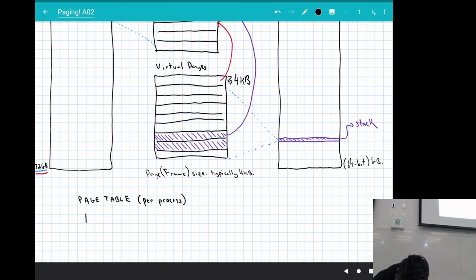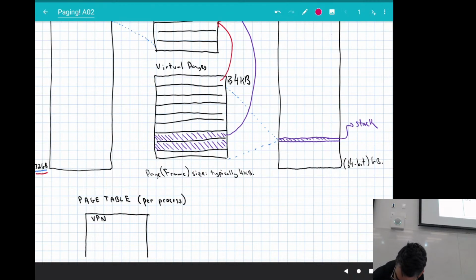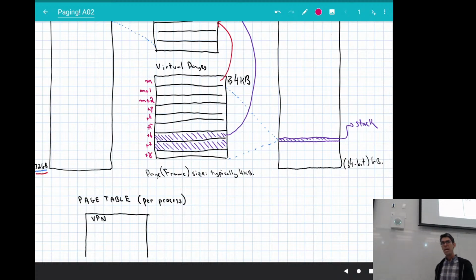The page table structure is going to represent virtual page numbers. So each of the pages that I've got up here has a page number. I'm going to call this one M. This is M plus 1, M plus 2, plus 3, plus 4, plus 5, plus 6, plus 7, plus 8. So every page in my address space has a number attached to it.